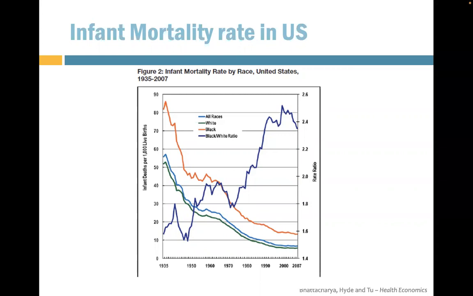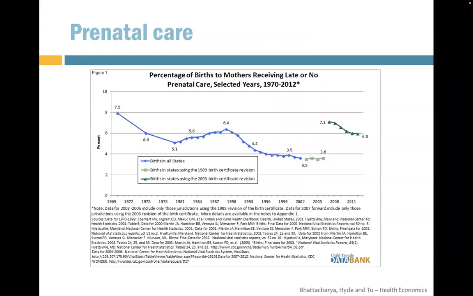If we look at the reasons why infant mortality rate is decreasing, usually people refer that to prenatal care, that if mothers receive prenatal care, then the infants are more likely to survive. So this is a graph of the percentage of mothers who receive late or no prenatal care.